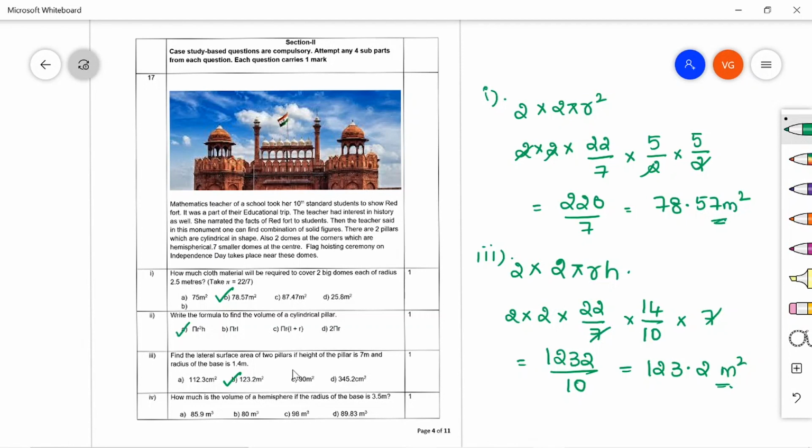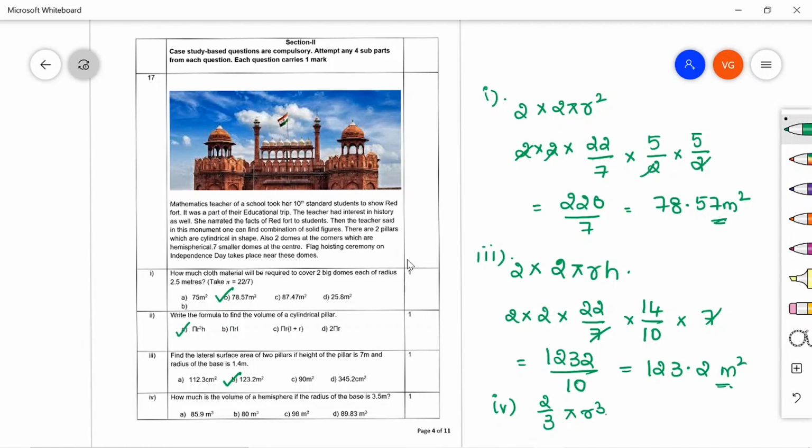Next, fourth question. How much is the volume of a hemisphere if the radius of the base is 3.5 meters? Right. So the volume of the hemisphere is 2 by 3 pi r cube.